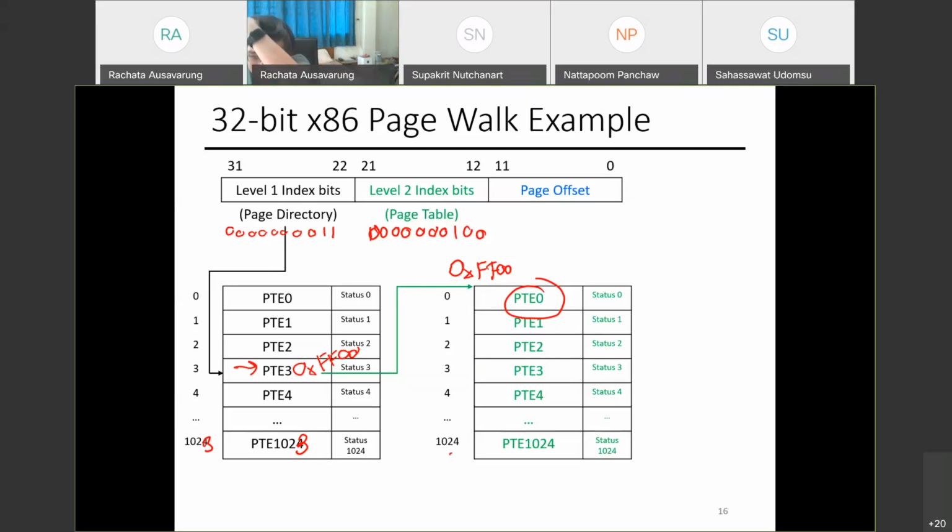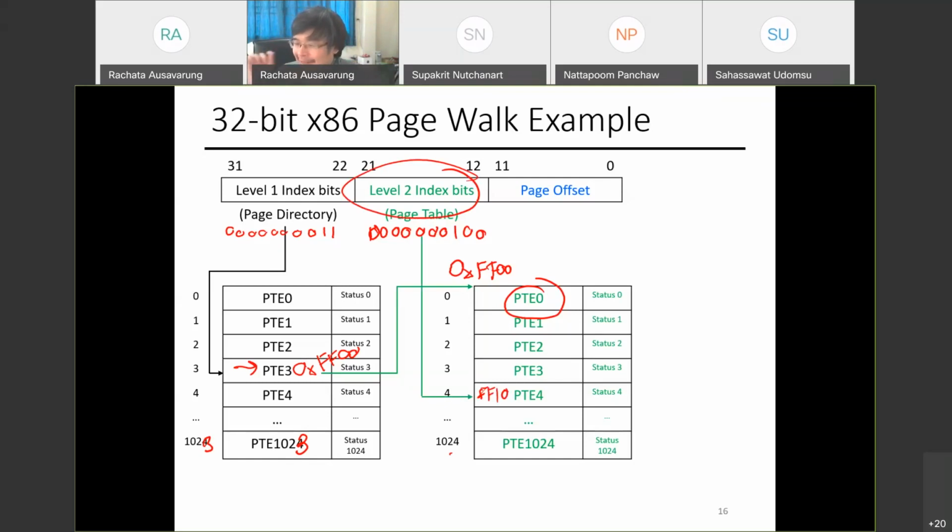If you add 16 to 0xFF0F, it is 0xFF10. My bad. All right, so this is the address of PTE4. So if this index bit here is 00000000100, that points to what? That's 4, right? So it points to PTE4. That's the address of PTE4.